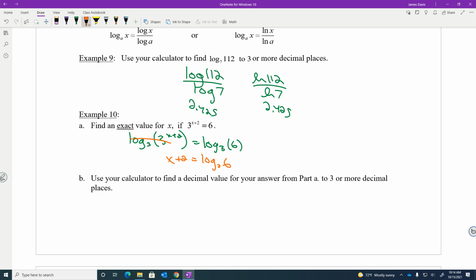And then we subtract the 2 over, x is log base 3 of 6 minus 2.